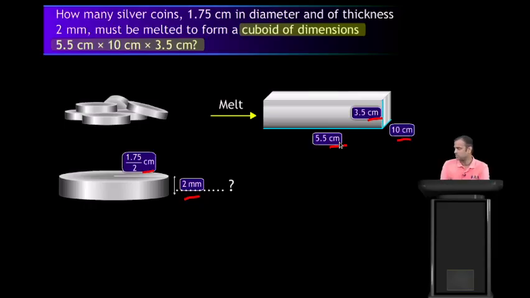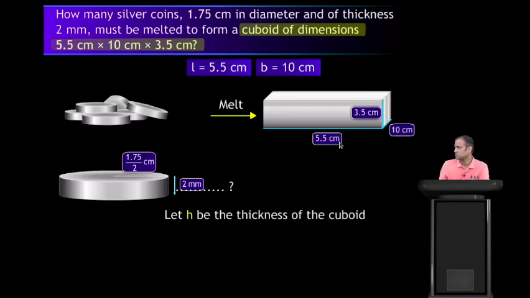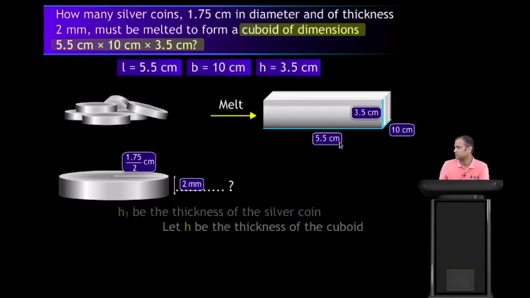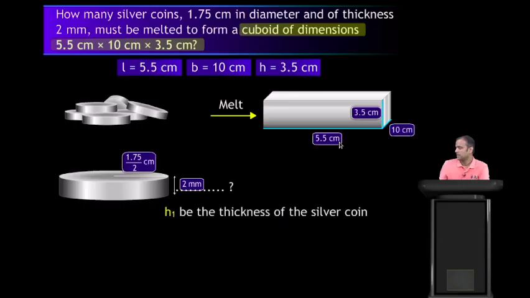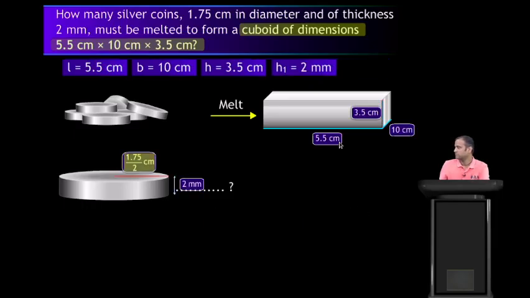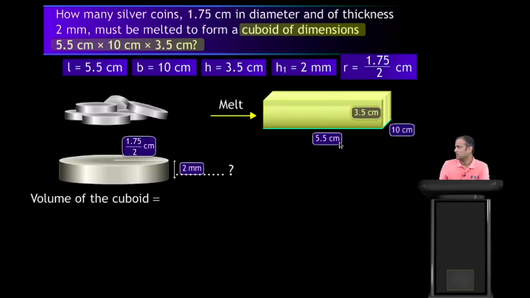These all are in centimeter, so we can change this one again in centimeter. L is given, B is given, H is also given. Let H1 be the thickness of the silver coin, which is 2 millimeter, and R is 1.75 upon 2 centimeter.